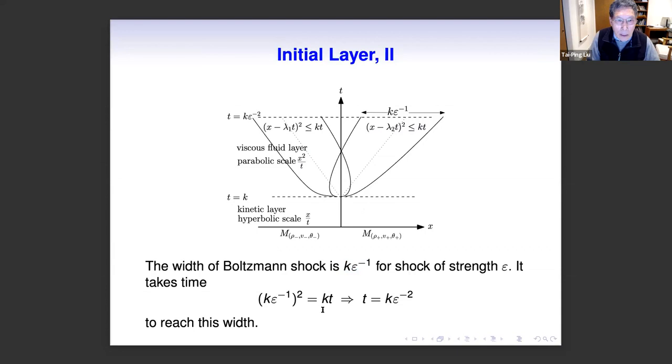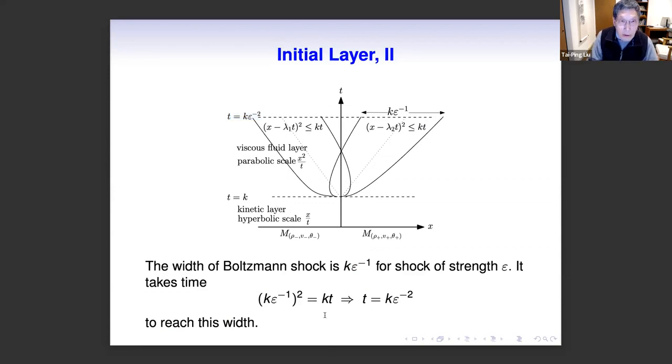And so if you want the x to be of this width, then the time it takes will be k to the epsilon minus 2. And that's why this width of this viscous fluid layer takes this very long time to achieve.